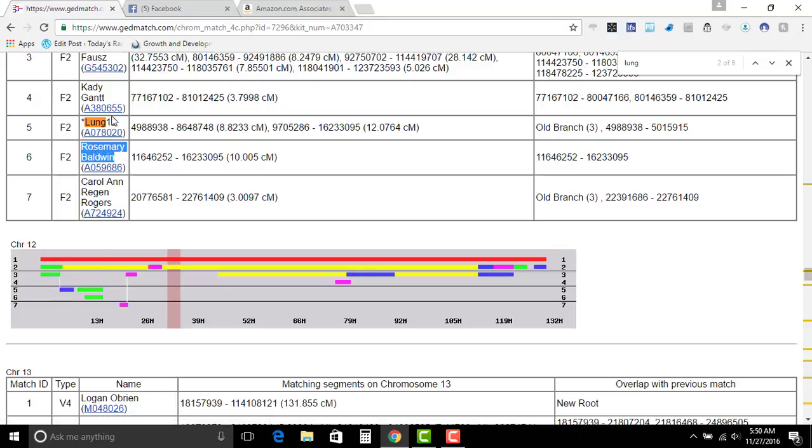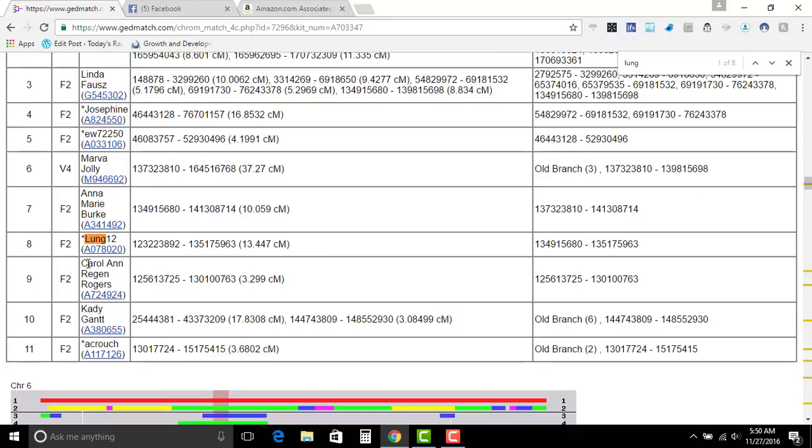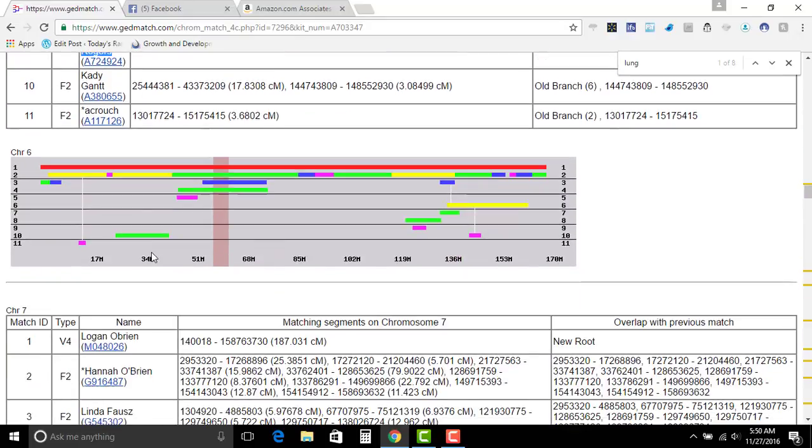So Rosemary Baldwin, Long, and my aunt are all in the same place. There's a likelihood they also share the same ancestor, but since Rosemary Baldwin and Carol Rogers don't overlap in the same areas, there's no guarantee that they match.